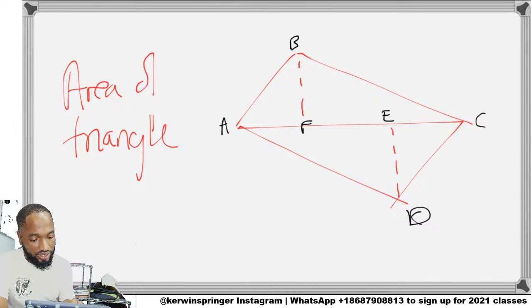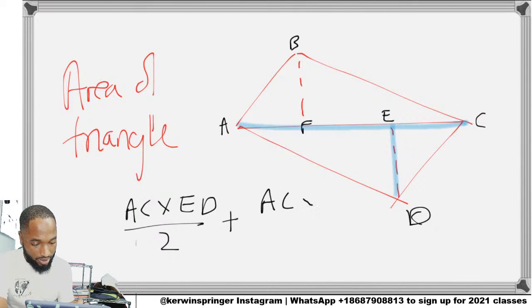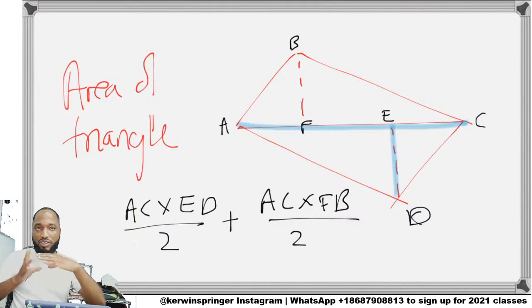So what you're looking out for is something like this by this divided by 2. So AC by ED divided by 2, plus AC by FB, that height over there, divided by 2. Say in the chat if you understand that. So look out for these kinds of weird things where you need to figure out the base and the height of the triangle.